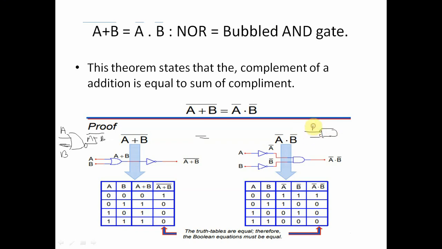This is A, this is B, and here I am taking A bar dot B bar. So A is converted into A bar by using a NOT gate, B is converted into B bar, and here we get A bar dot B bar. This is the final expression of this circuit diagram.